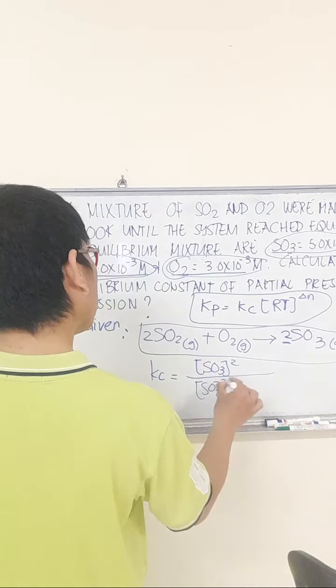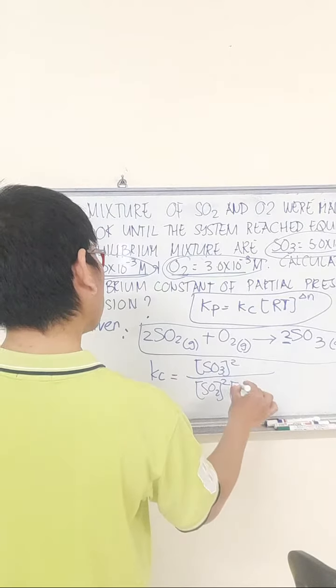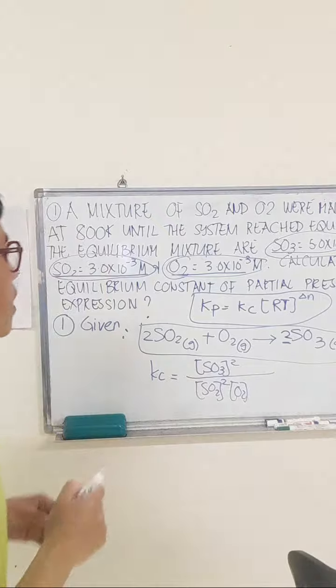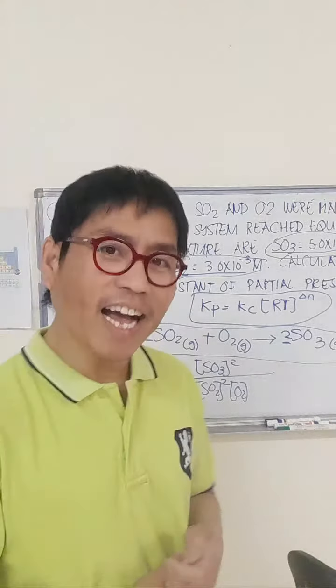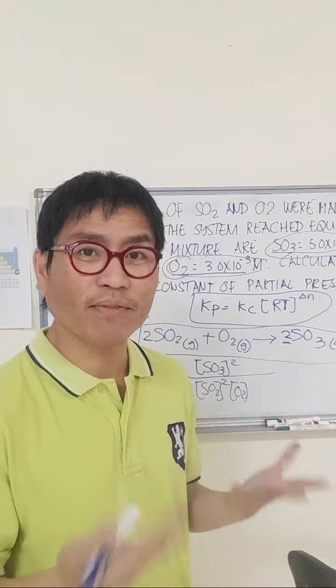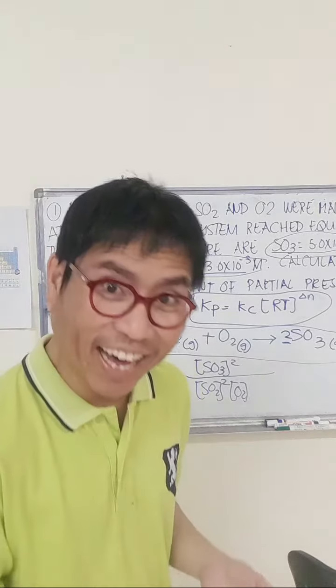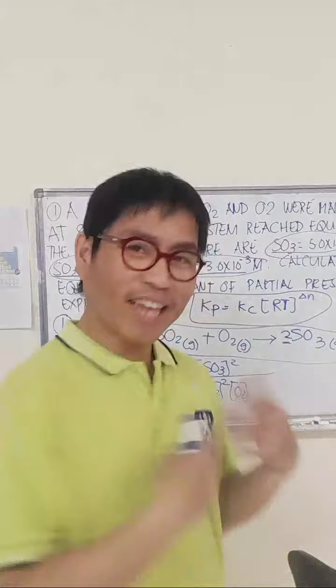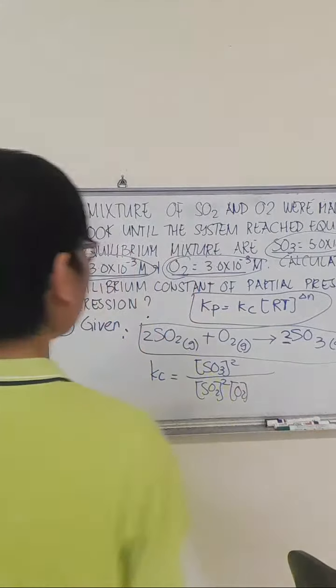And oxygen gas raised to the power 1, or nothing. It's just the same. I remove the gas label because all are gases, to save ink and to save a lot of effort in writing, right? So it's gonna be like this.